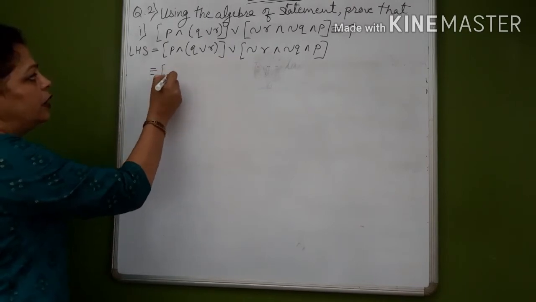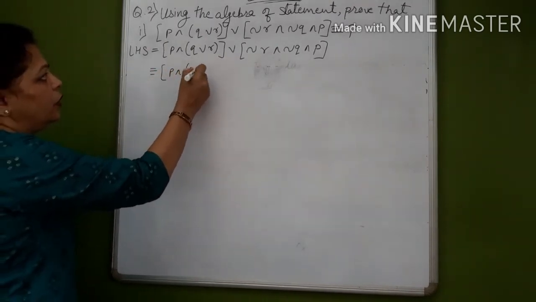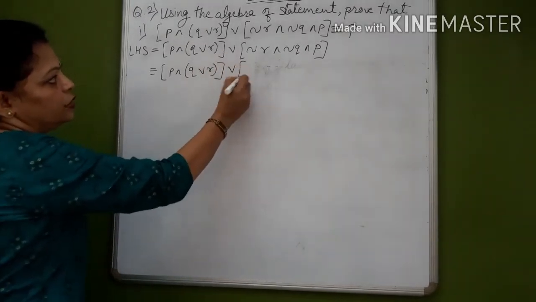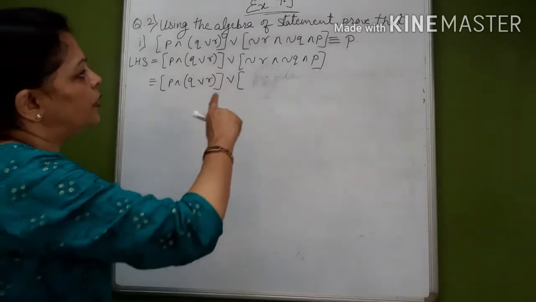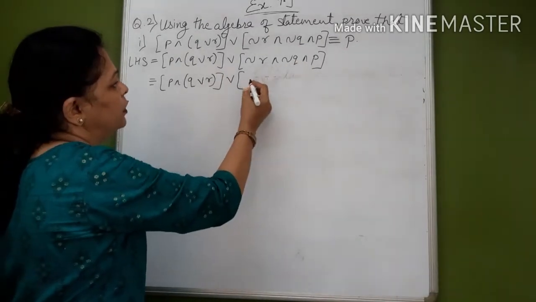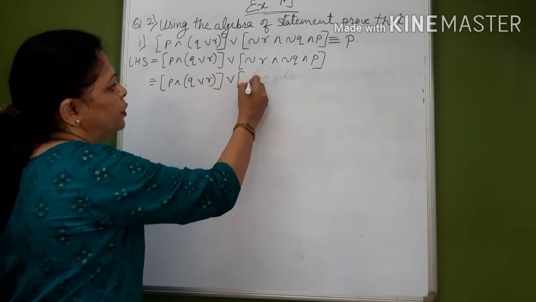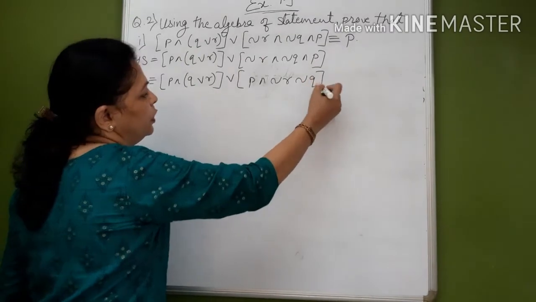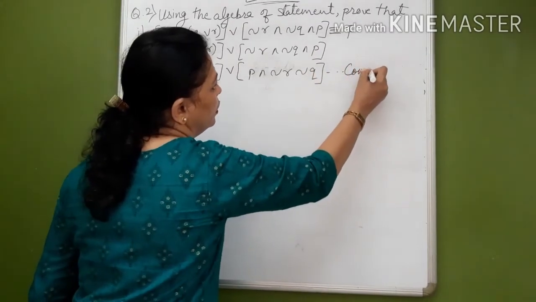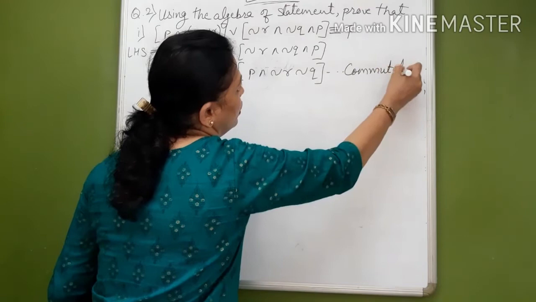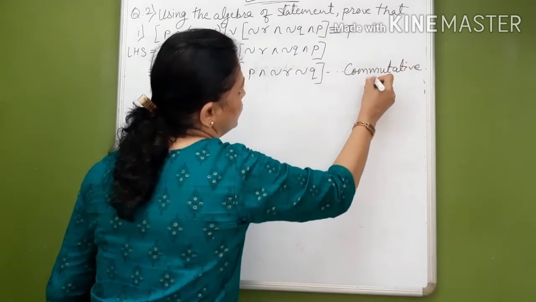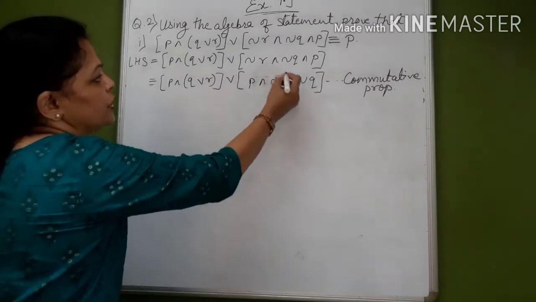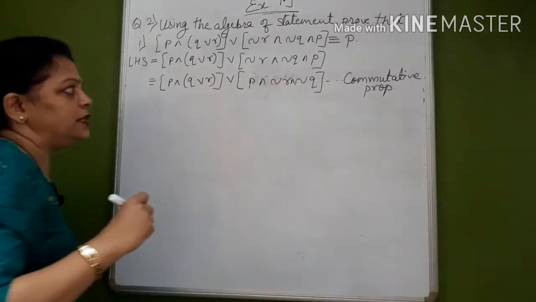So you get here P and (Q or R), or, into bracket, P and negation R, negation Q. This is your commutative property. Between negation R and negation Q it is an AND sign.